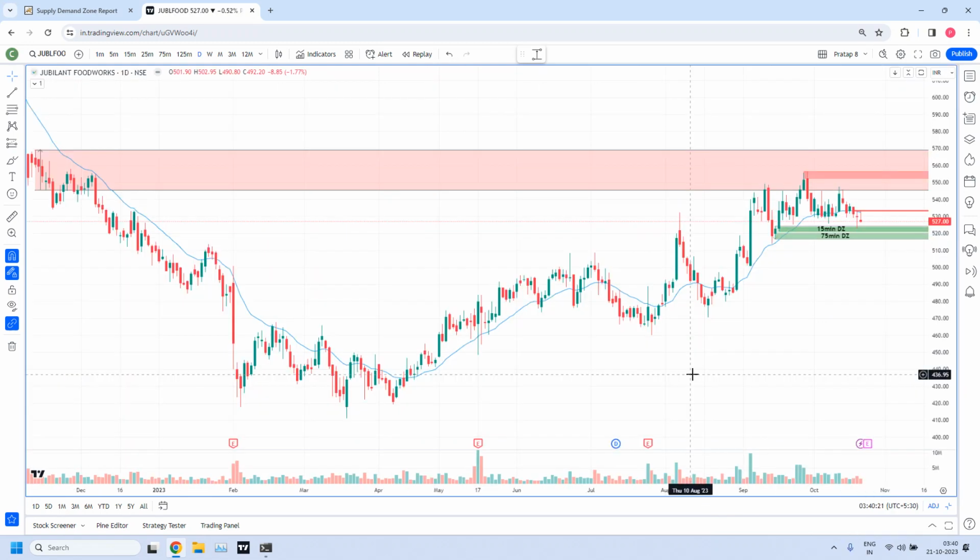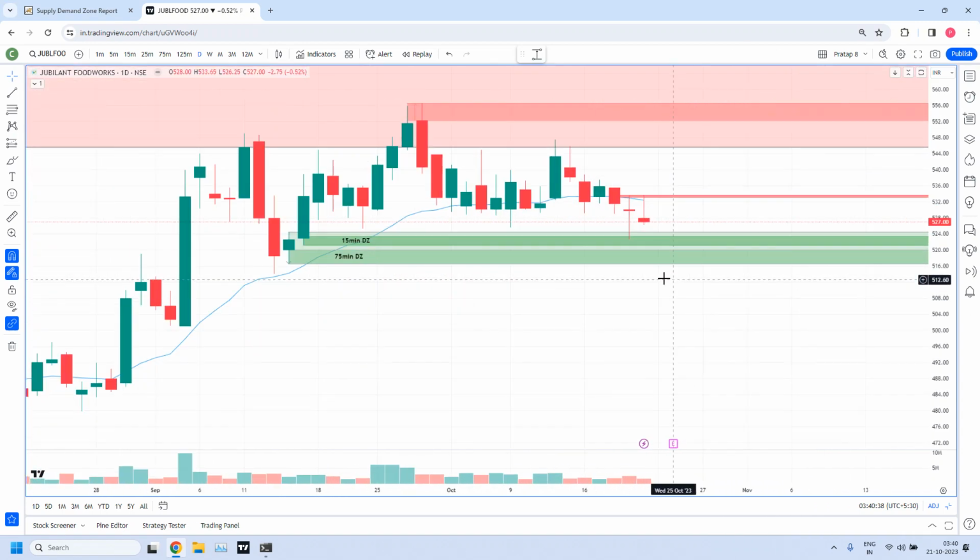To explain the entry buffer concept, I have selected the stock Jubilant FoodWorks. For the last 1 month, Jubilant FoodWorks is moving between a high liquidity supply zone and a high liquidity demand zone. This is the high liquidity supply zone, and this is the high liquidity demand zone.